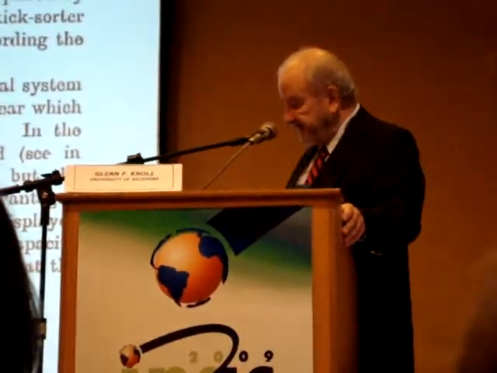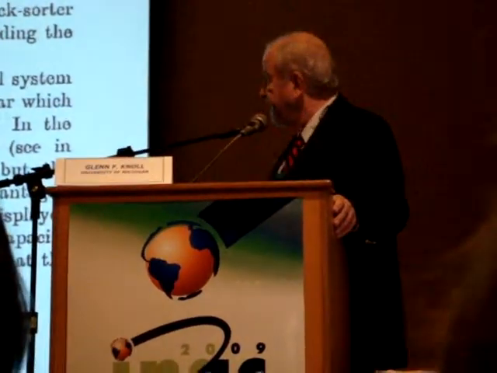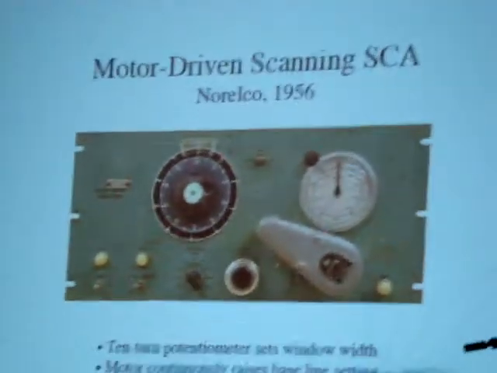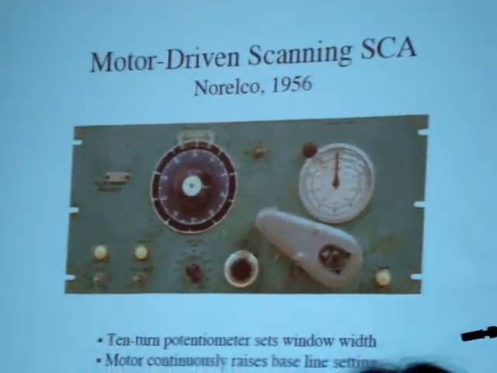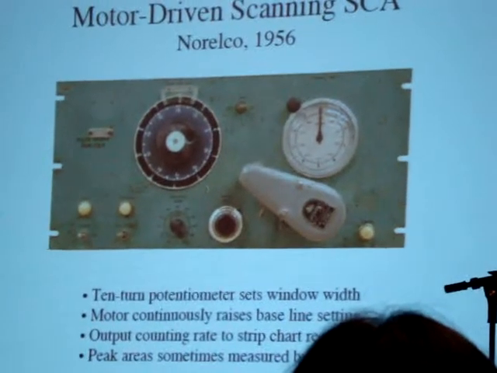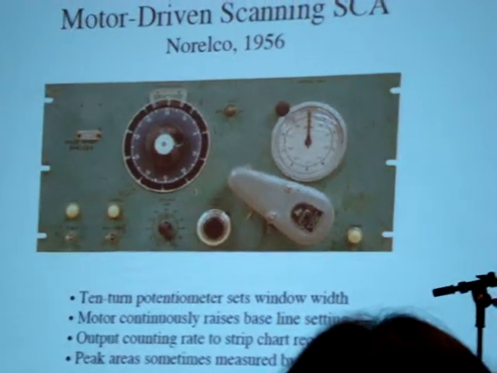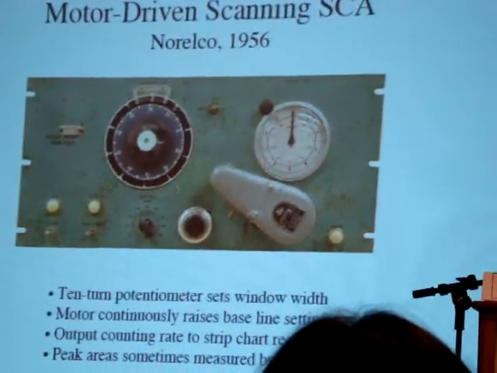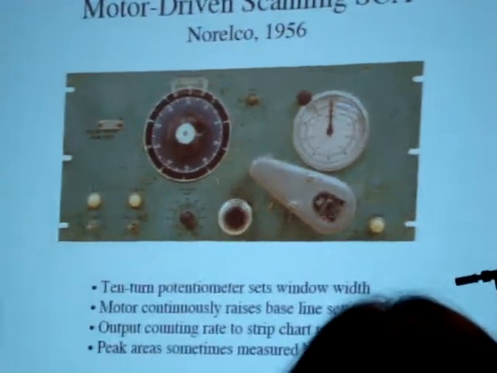Well, this is just illustrating where multi-channel analyzers started out, pretty far back the evolutionary chain. And they have, of course, gotten very much more sophisticated as time has gone on. This is an intermediate unit. This is a single-channel analyzer with a motor drive that moves an acceptance window continuously and sends the measured pulse rate to a strip chart recorder.